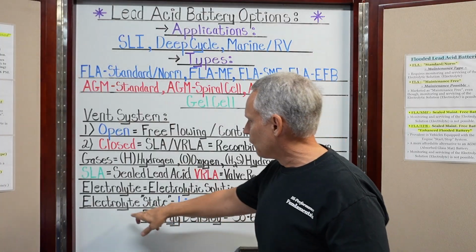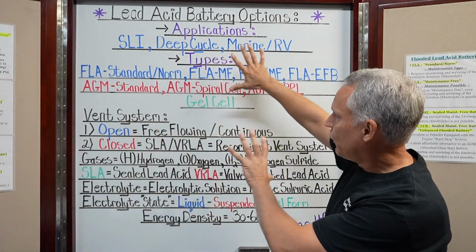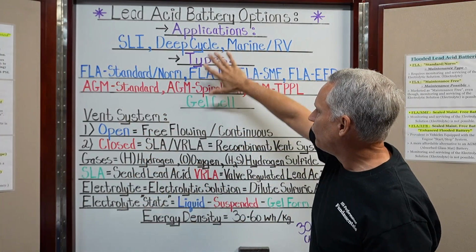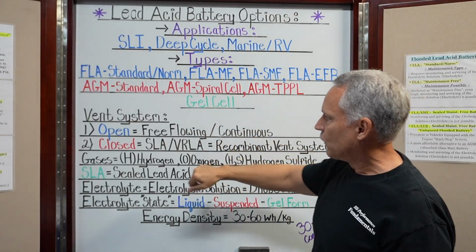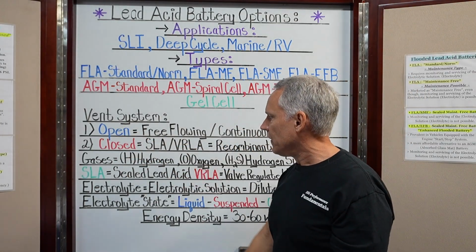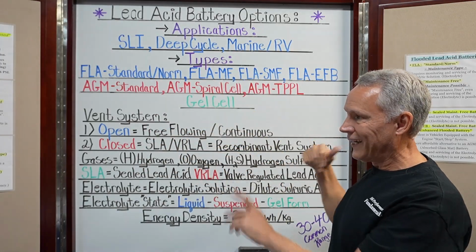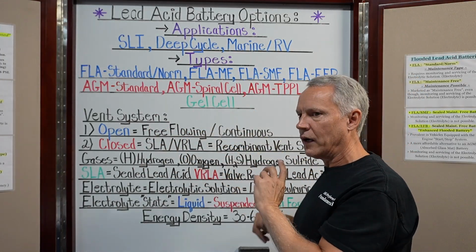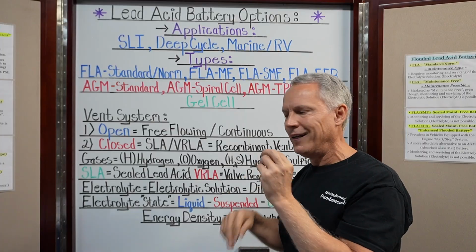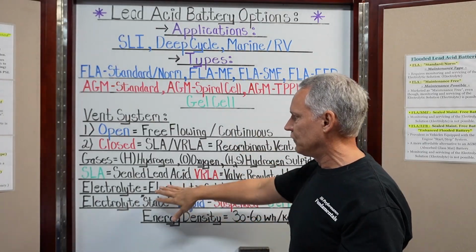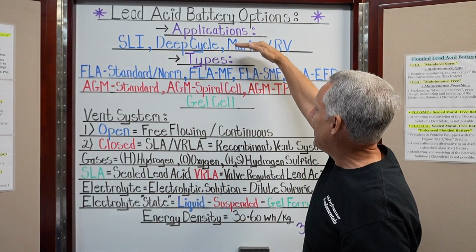Okay, so once again, the electrolyte state. We've got two different categories, right? All of these batteries are lead acid batteries. Two categories: opened or closed vent system, and then the electrolyte itself. That's really what differentiates the two. And then we're going to get into much greater depth as far as the construction and internals of the battery. There's more to it than just this, but look at this as headings.